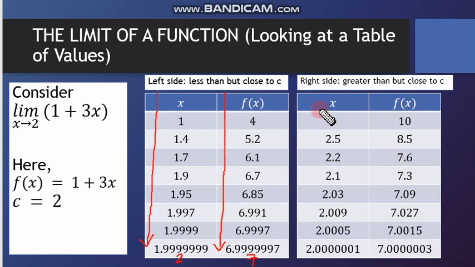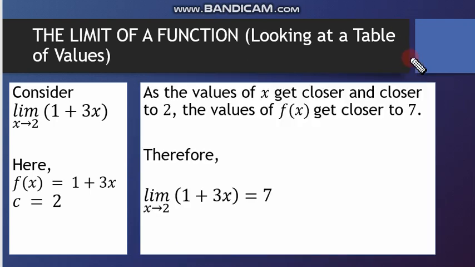In the same way, at the right side, as x approaches the value of c, which is 2, f of x approaches the value of 7. Therefore, the limit of the function is 7.